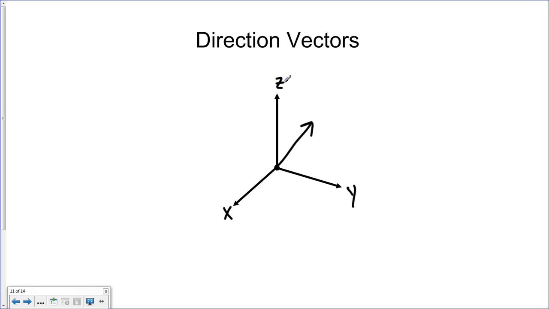Okay, so I don't have the best artistic skills, but I'm going to give it a shot here. What I'm going to do here is drop a vertical, and now I'm drawing a line parallel to the x-axis and parallel to the y-axis, and it's down on what appears to be the floor. It's actually the xy plane.